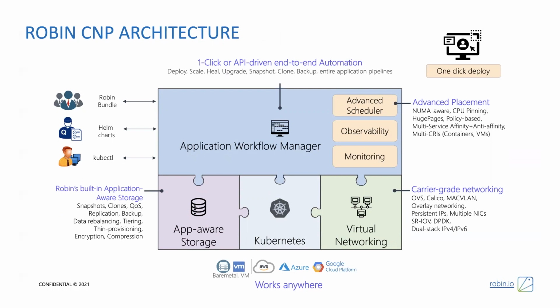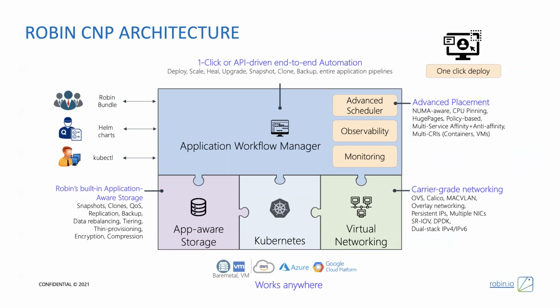Robin CNP, the cloud native platform, is a carrier grade Kubernetes platform built on top of open source Kubernetes. We have enhanced that Kubernetes into a carrier grade platform using enhancements on networking, storage, and application placement or scheduling.